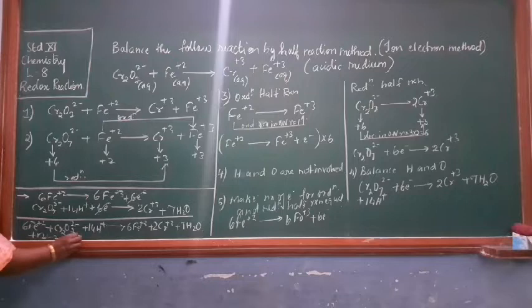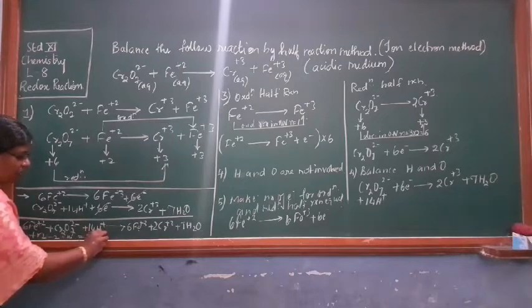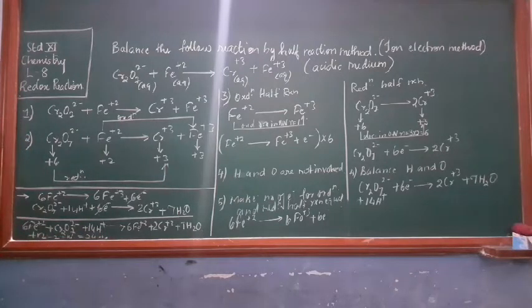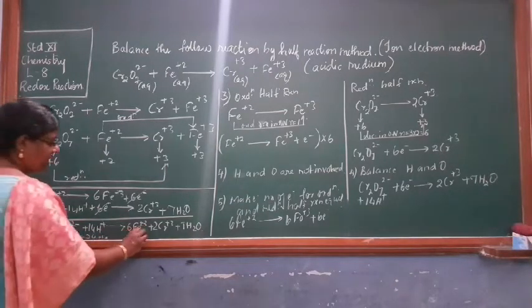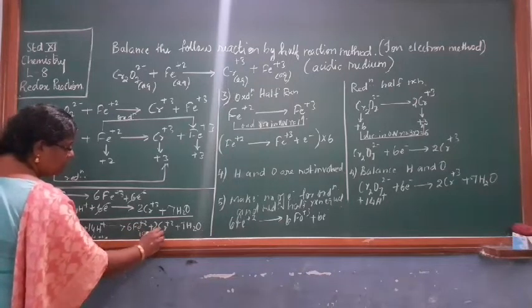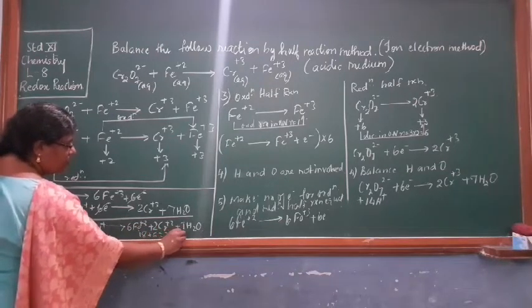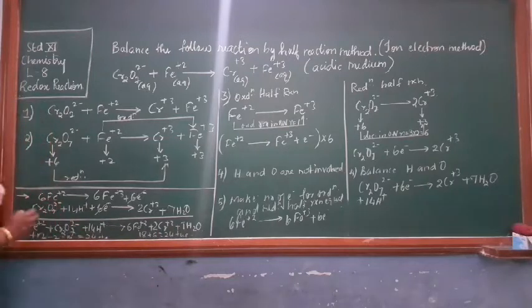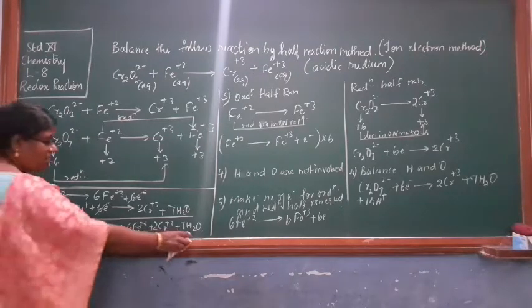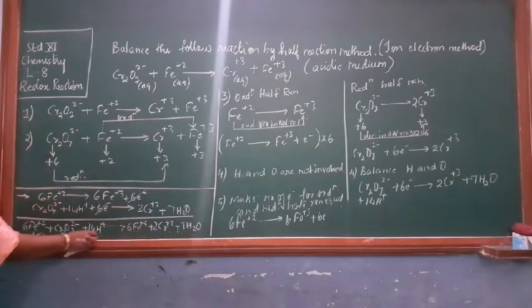So in total how much do I have? 12 minus 2 is 10, 10 plus 14, 24 positive charge I have on the left hand side, and right hand side 18 plus 6, which is again 24 positive charge. So charges are also balanced. This you need not write, it is just for your understanding. You should check whether the charges are balanced or not.